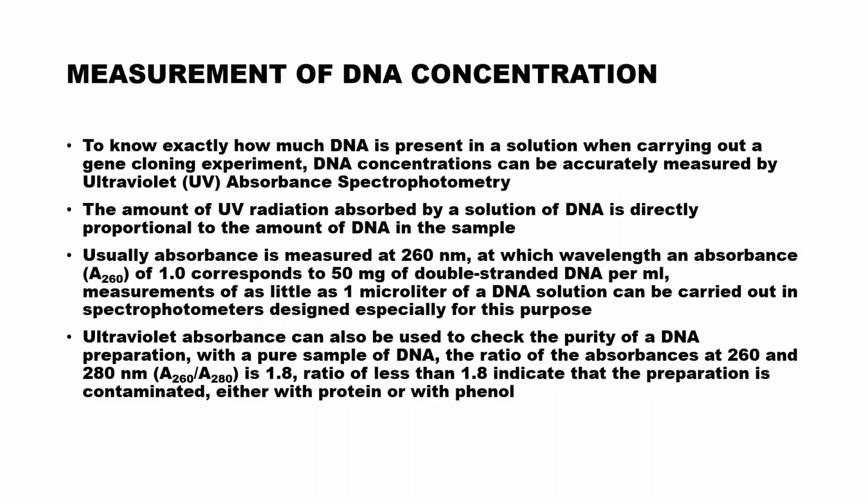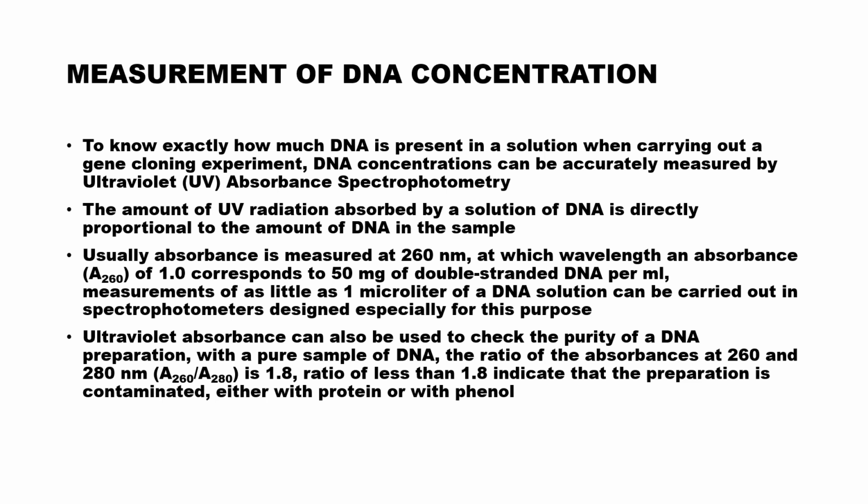And finally we went on to the measurement of DNA concentration. How are we measuring DNA concentration? By means of ultraviolet or UV absorbance spectrophotometry. So we will go for absorbance measurements at 260 nanometer. And to check the purity of DNA, we can go for absorbance measurement at both 260 nanometer and 280 nanometer.